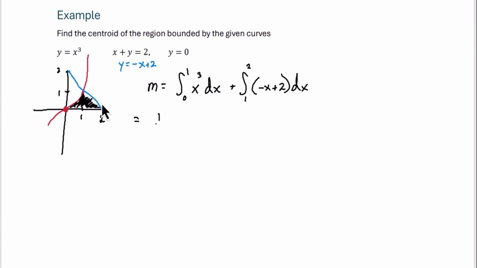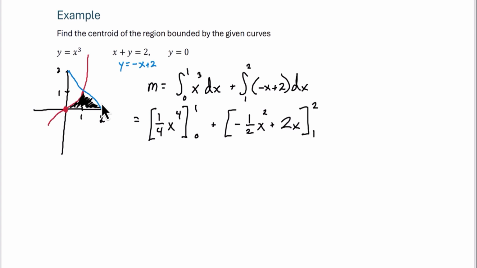We'll get 1/4 x to the 4th. In that first part, we are integrating from 0 to 1, plus negative 1/2 x squared plus 2x. And this piece we are evaluating from 1 to 2.